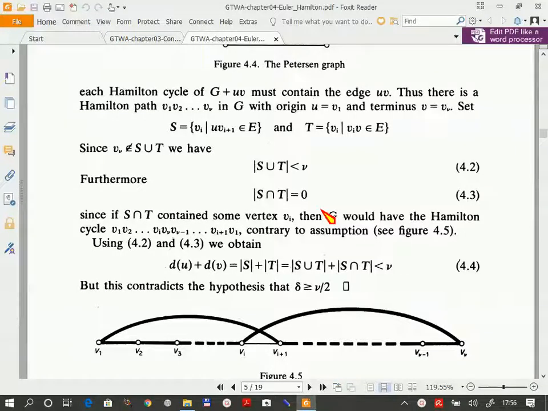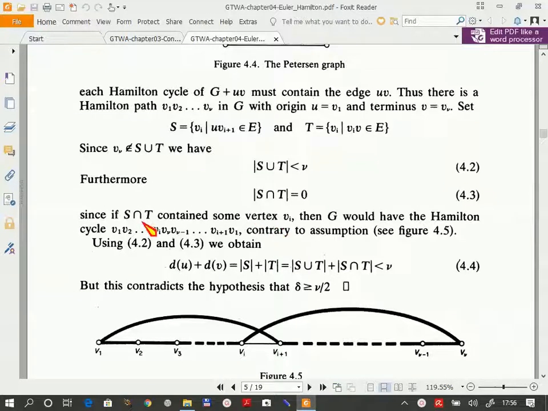Cardinality of S plus cardinality of T equals cardinality of the union plus cardinality of the intersection. Or if you prefer, cardinality of the union is the sum of the two cardinalities minus the cardinality of the intersection. This is called the inclusion-exclusion principle.